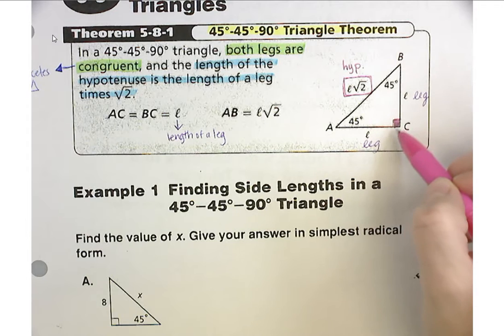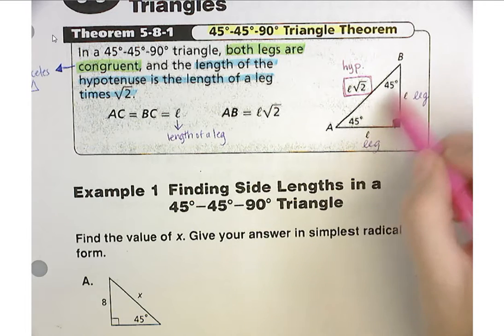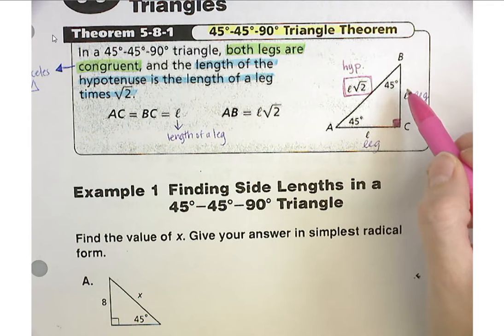First, isn't 90 degrees the biggest angle? The hypotenuse is going to be the longest side. If both of these angles are the same, which means not one of them is larger, the sides across from them are going to be equal. The angles are the same, the sides across from them are the same. And that is your isosceles triangle theorem that we learned about last chapter.